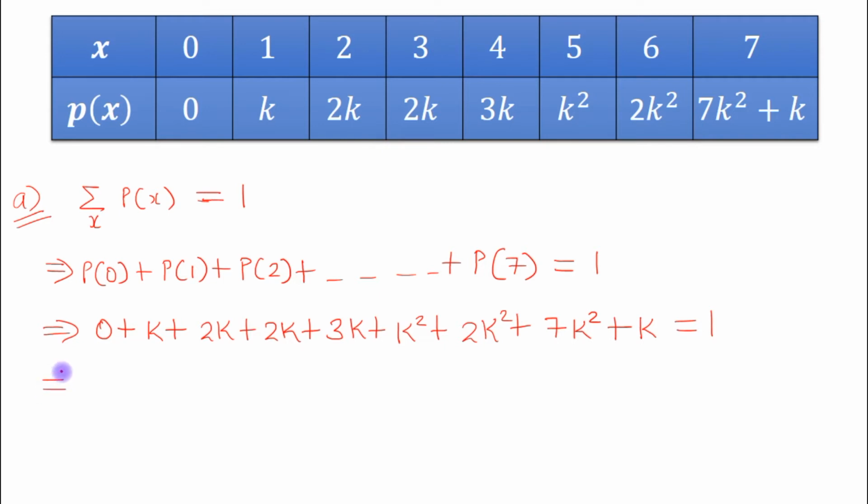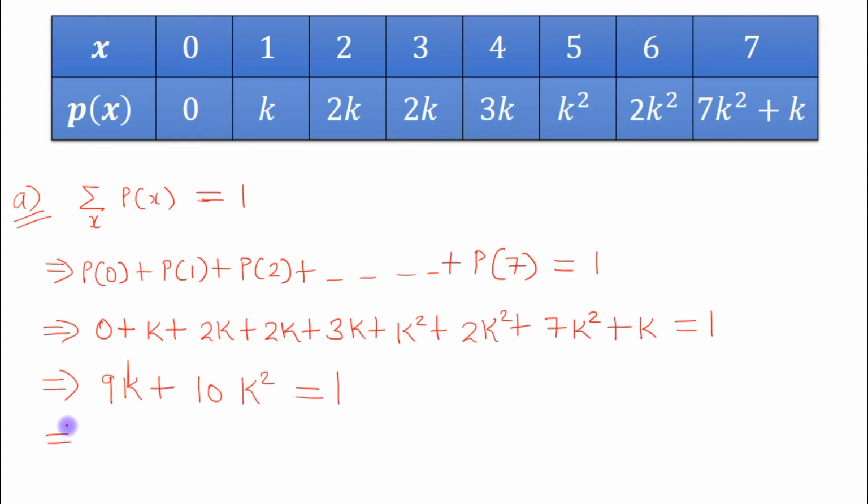In the next step, k plus 2k is 3k, 5k, 8k and 9k. So we will write 9k plus 3k square, 10k square, so 10k square equals 1.